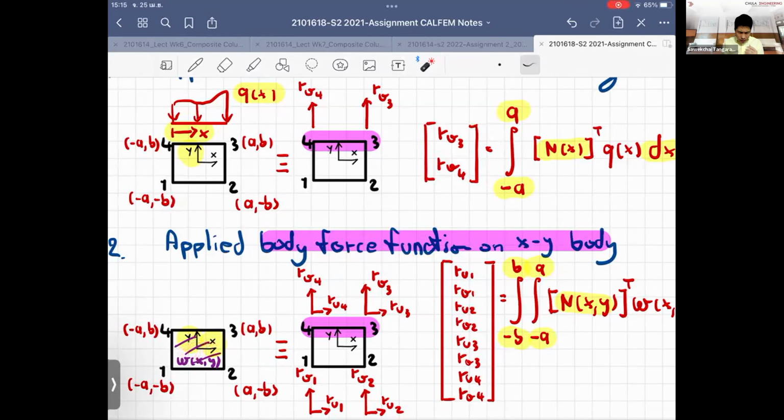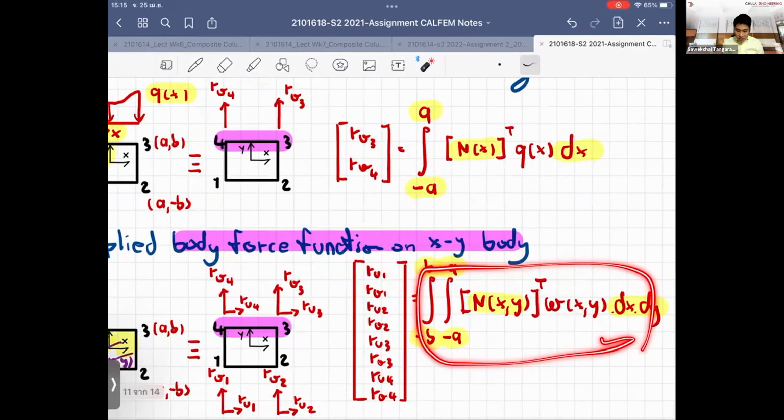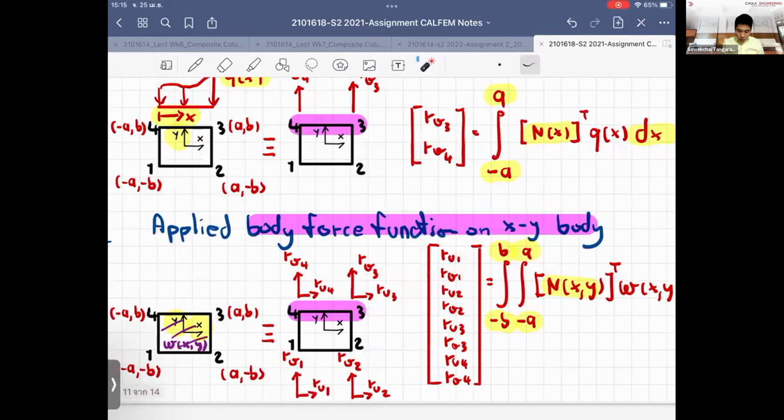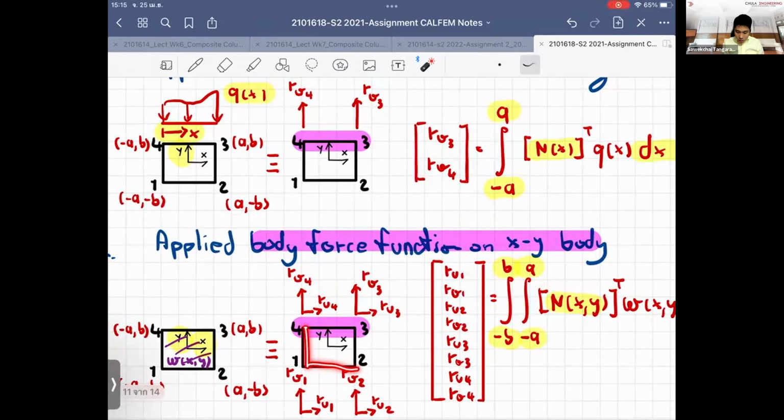And by having this, you can use a double integration to derive, when you integrate over the area, how much of the force should be applied at the coordinate of each node per element. And when you assemble all the elements together, the way how we assemble them is simple.